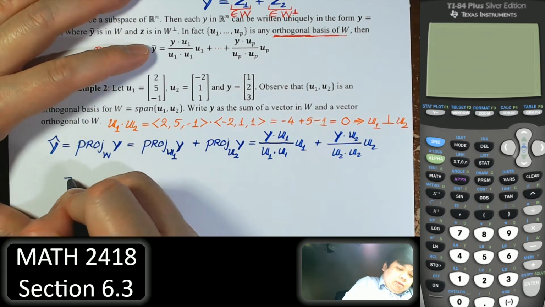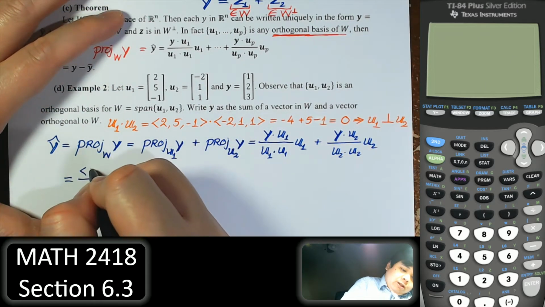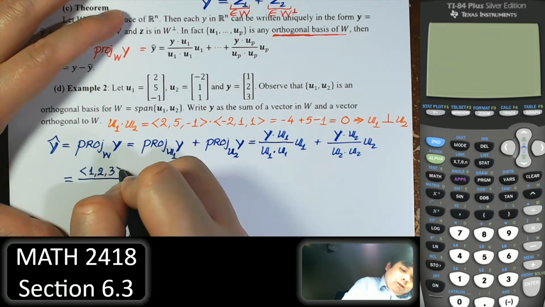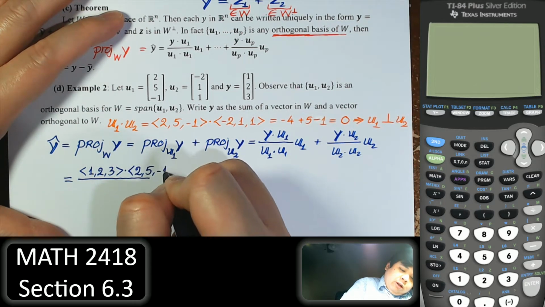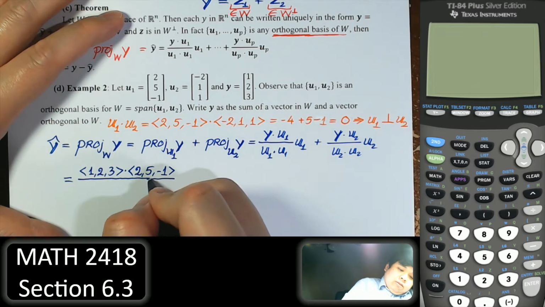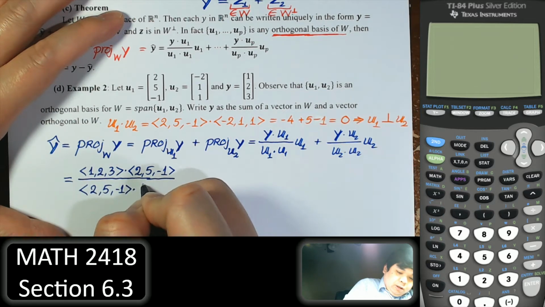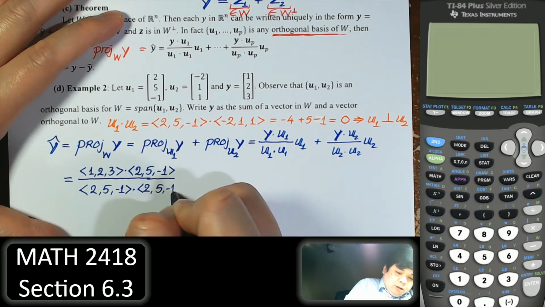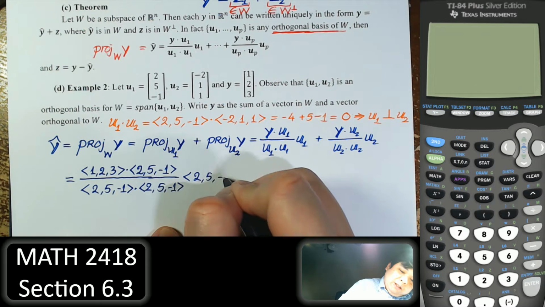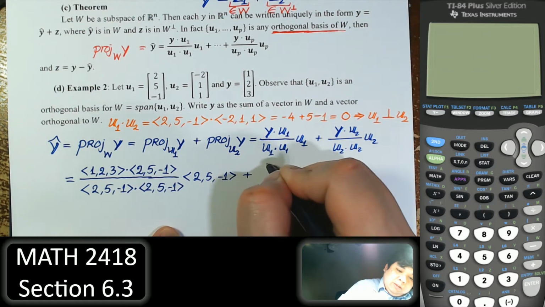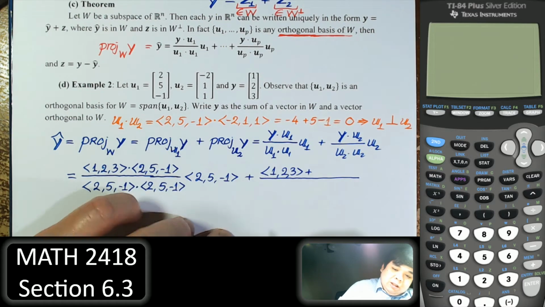Right. Now we just do the math here. y is 1, 2, 3, u1 is 2, 5, and negative 1.